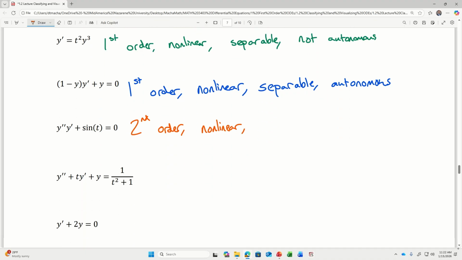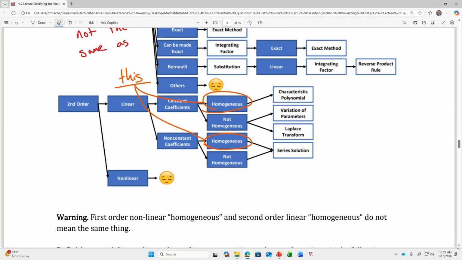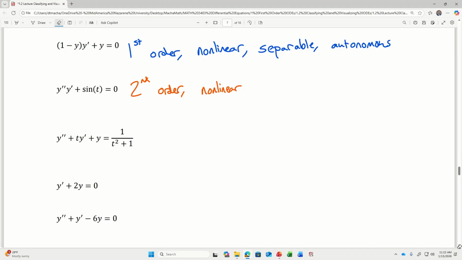Or we call it nonlinear. That's it for our classification. If I'm following that flowchart, I see it's second order nonlinear, and there's nothing else to do. We just give up.